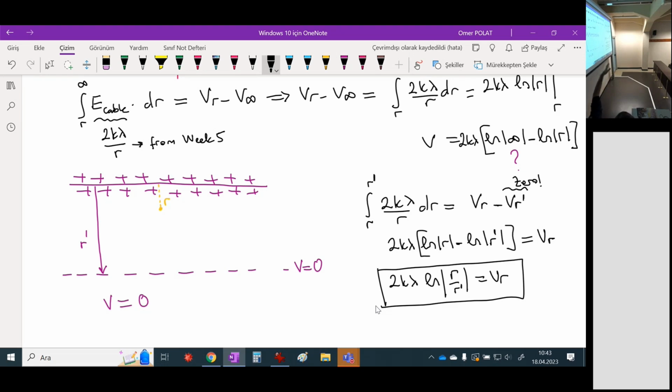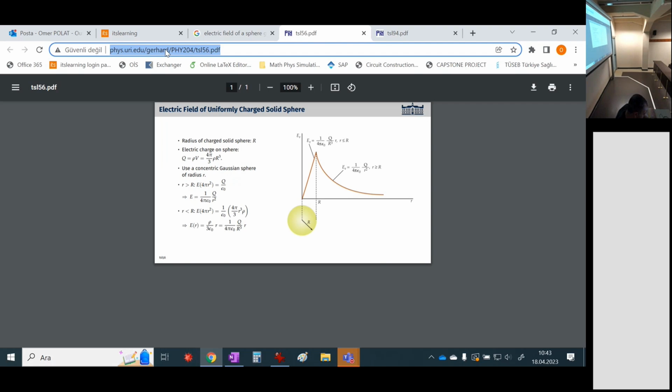Otherwise, theoretically, if you approach infinity, the equation doesn't approach zero. So we solve this problem with this technique. Another solution may be expanding the ln function into a series. For example, let's say the Taylor series of the logarithmic function.